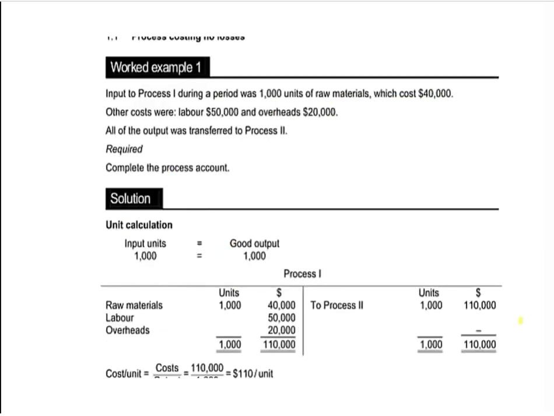In process 1 then, we have 1,000 units of input of materials which cost $40,000. We've also chucked in labour for $50,000 and overheads of $20,000. So in total then we have got $110,000 of input costs, and we need to spread these out amongst our 1,000 units of output.